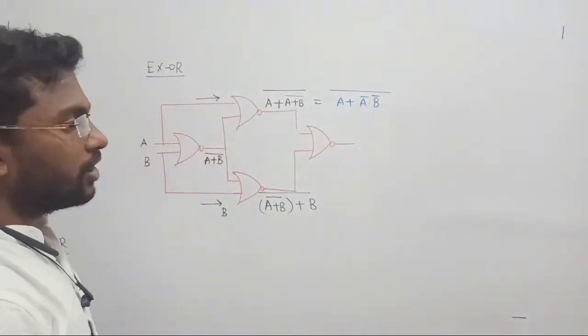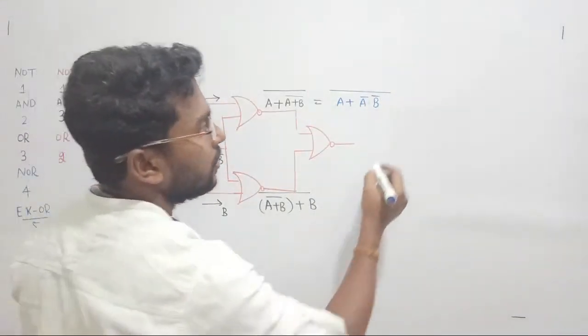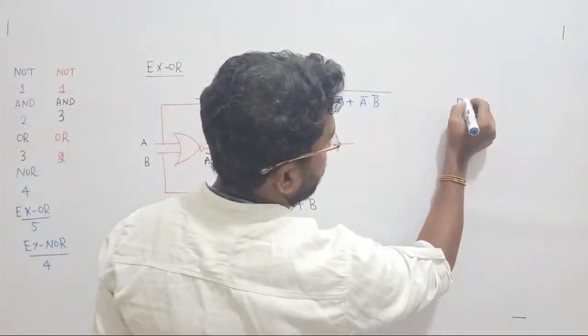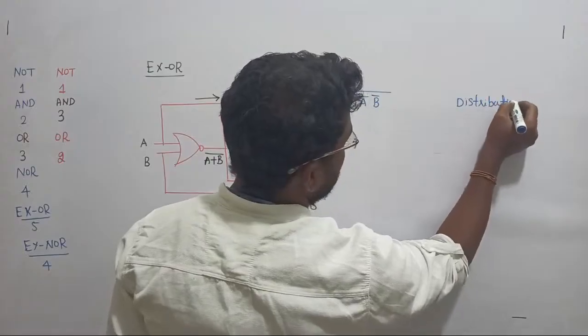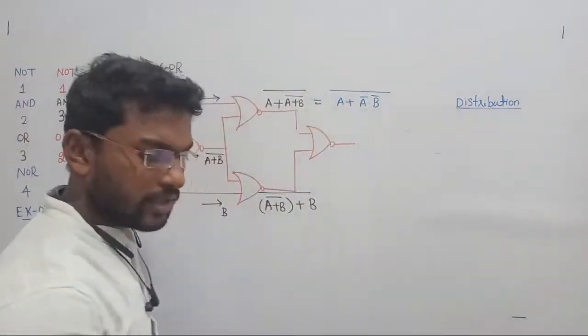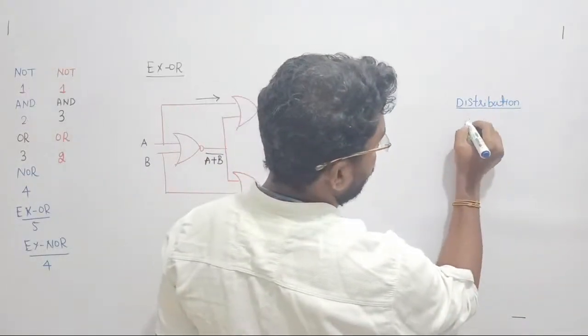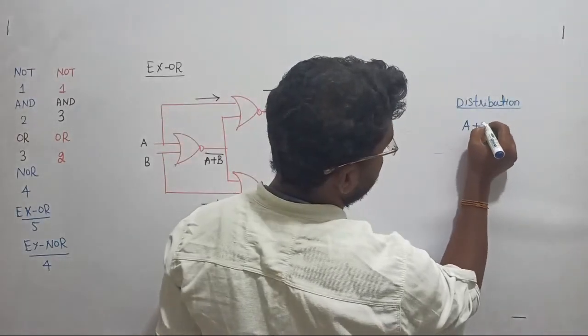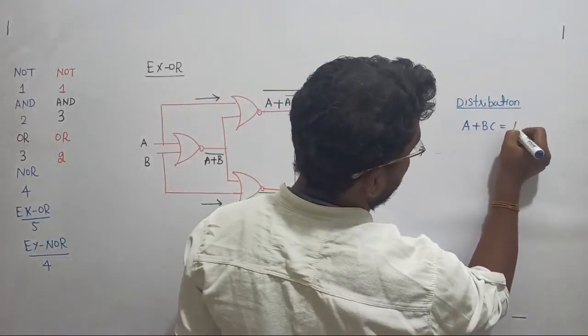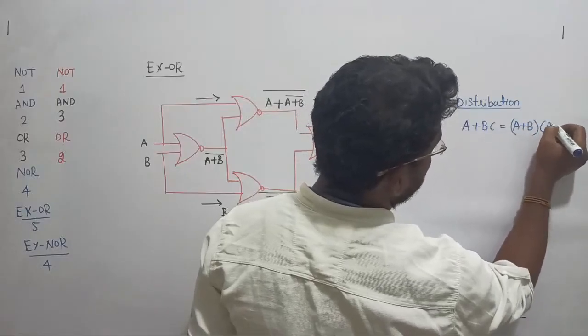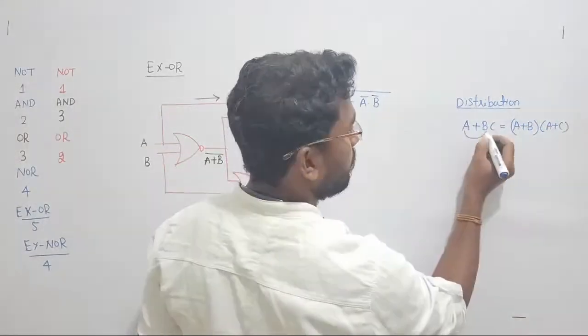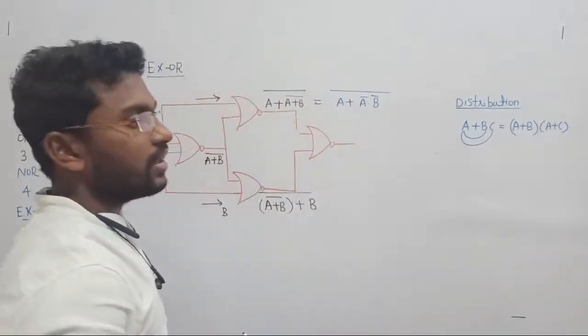Now let me introduce the next property, that is called the distribution theorem. Already yesterday I had just talked about this distribution theorem. I hope you all remember what I had told you. If I have a function A plus BC, then this function can be visualized as A plus B into A plus C. The combination is A plus B into A plus C. That is called the distribution theorem.